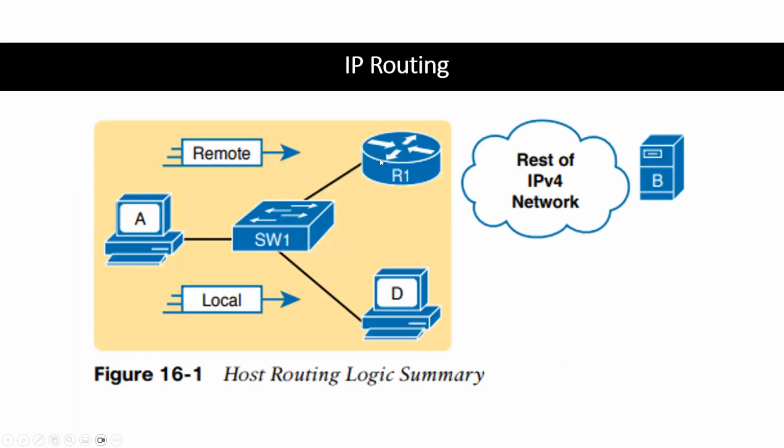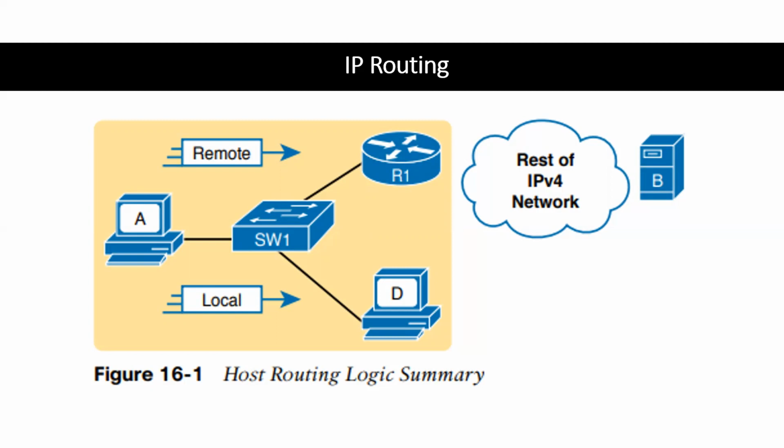So let's talk about IP routing. Sorry for not having words on the screen. I just like looking at pictures and then I can explain it. If we talk about IP routing from a fundamental standpoint, we know these two things.